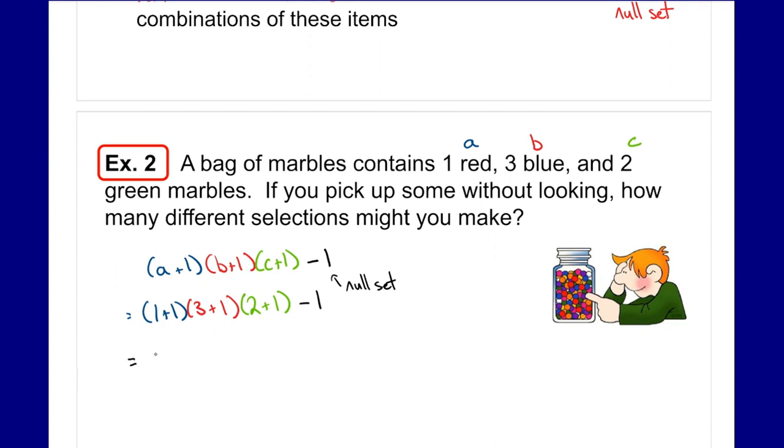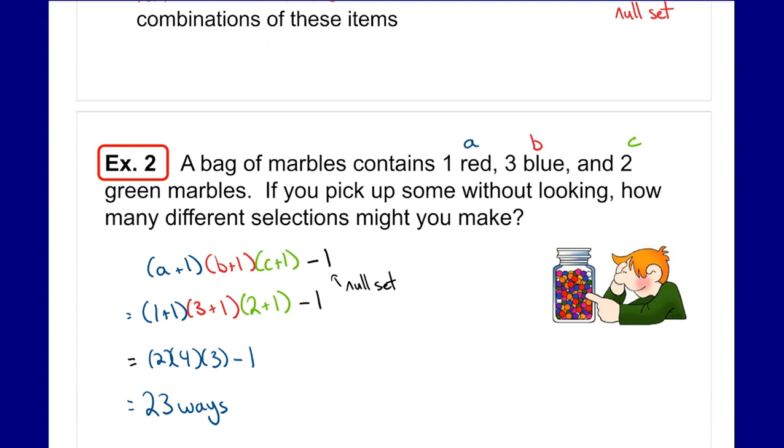In the end then, we have 2 times 4 times 3 minus 1, and we get 23 ways. So there are 23 ways in total where we could select some marbles, or at least one marble.